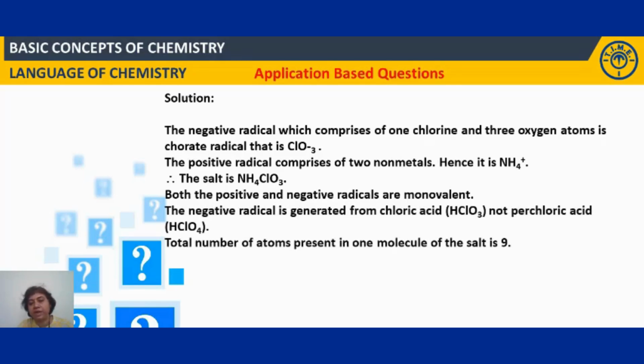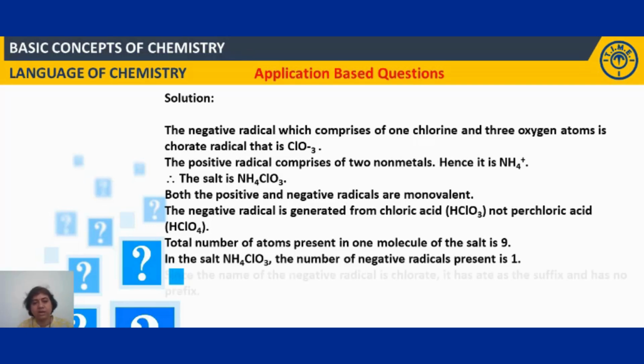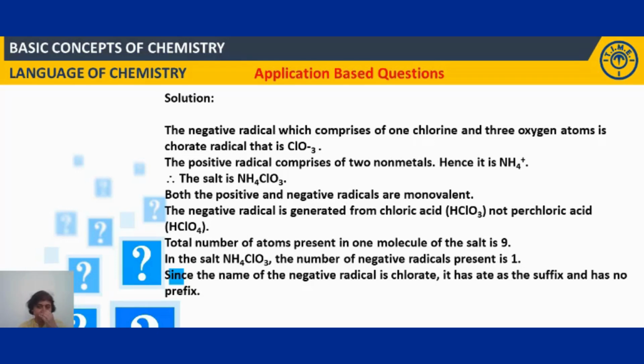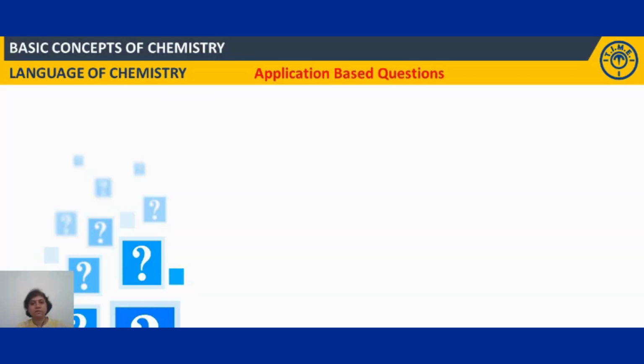The total number of atoms present in one molecule of the salt is 9. In the salt NH4ClO3, the number of negative radicals present is 1. Since the name of the negative radical is chlorate, it has the ATE suffix and no prefix. Okay, so A, C and E are true. Okay, let's look at the next question.